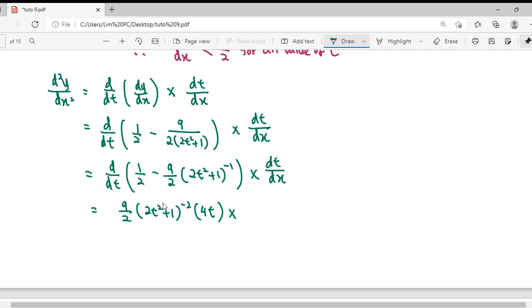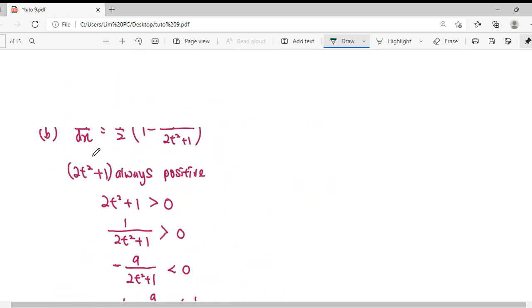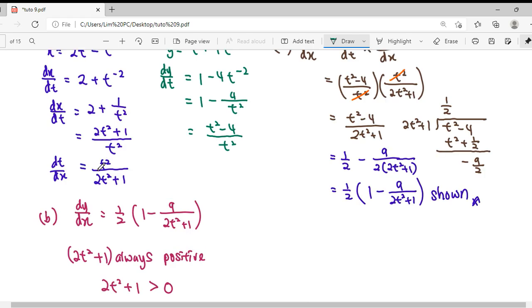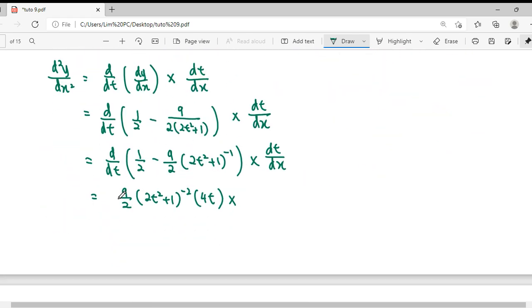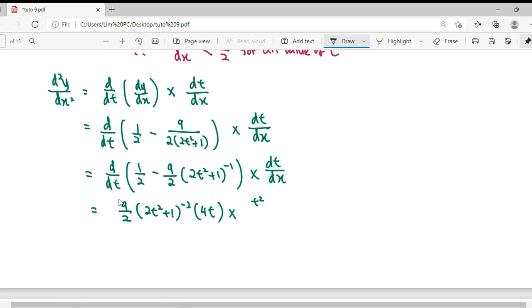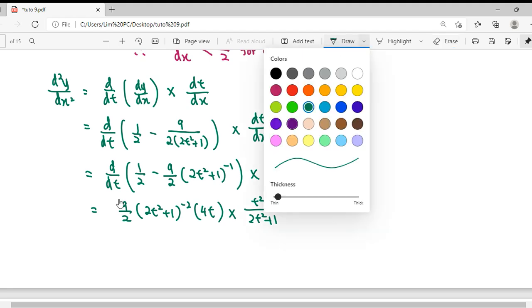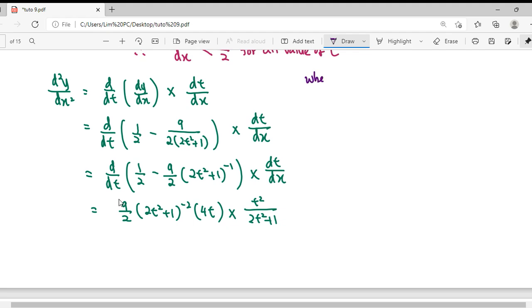Multiply with dt/dx. Look at our dt/dx that we got just now: dt/dx is t squared over 2t squared plus 1. We can directly substitute t equals 1 because our question asks for d2y/dx squared when t equals 1. So when t equals 1, we evaluate our d2y/dx squared, no need to simplify here.